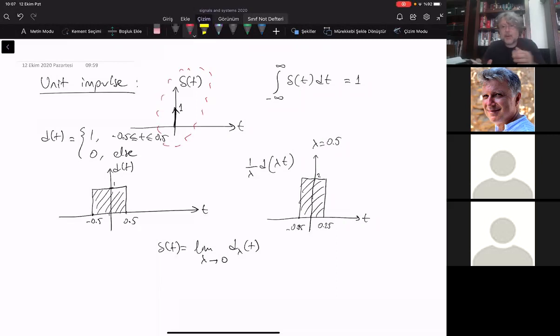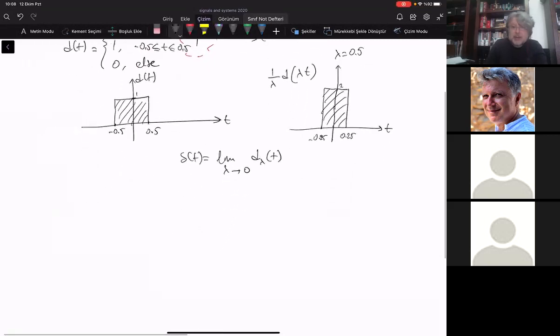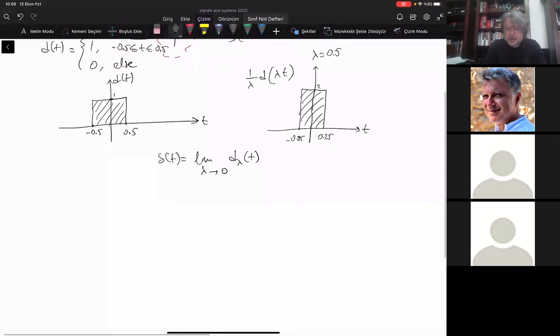Okay, we put an arrow and indicate that the area underneath is 1. And there is a certain relation between this impulse and the unit step. And it is this: the impulse is actually the time derivative of the unit step.